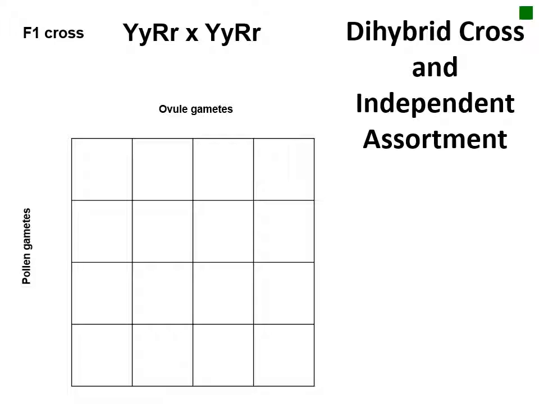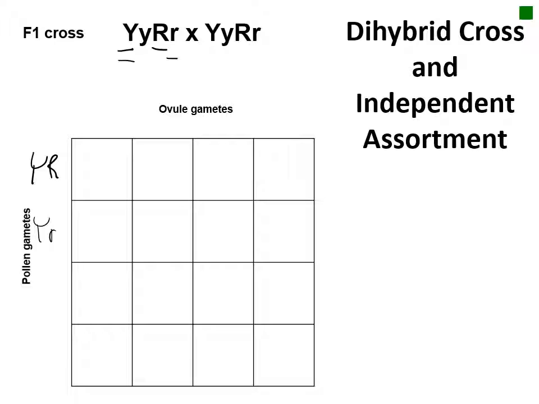The key for setting up a dihybrid cross is to remember that there are now two genes, and each will provide an allele to the gametes. This means that the yellow allele could be packaged with the round allele, giving a gamete that has uppercase Y, uppercase R. Or the yellow allele could have gotten packaged with the wrinkled allele, providing a gamete uppercase Y, lowercase r.